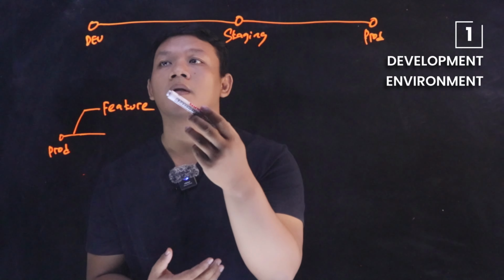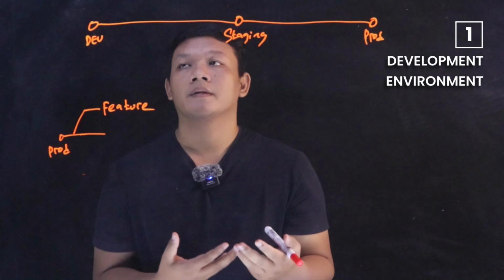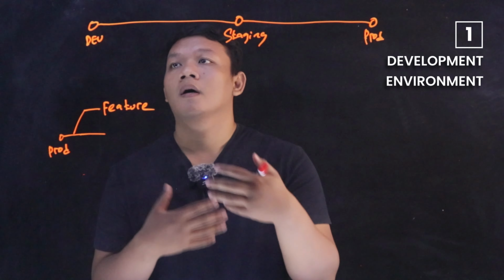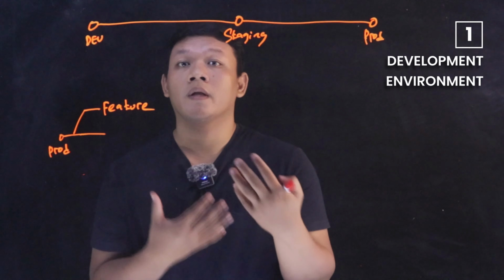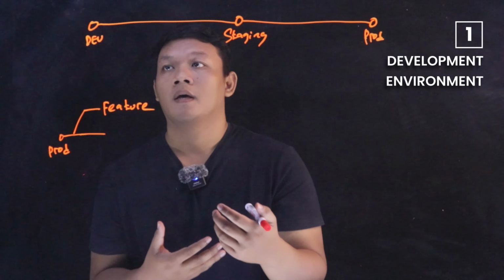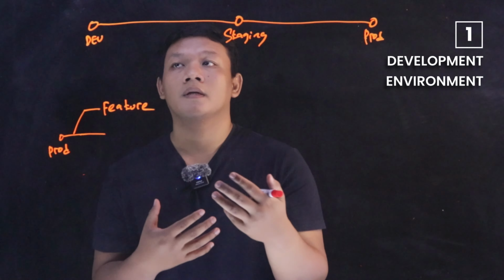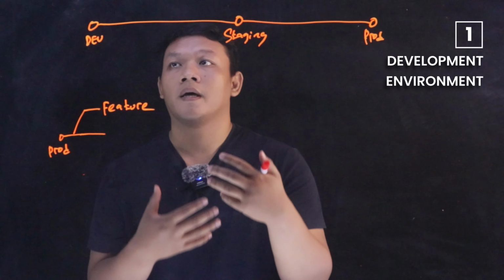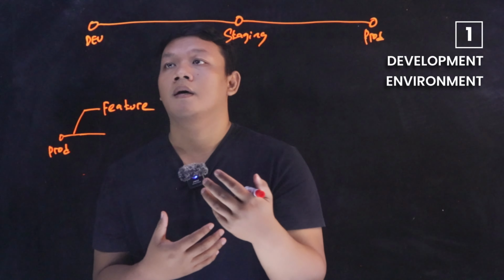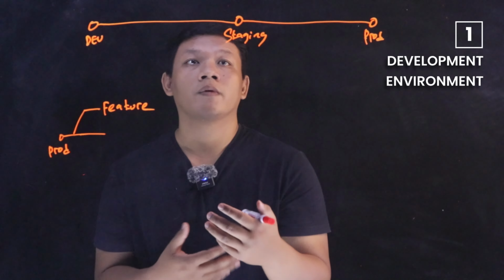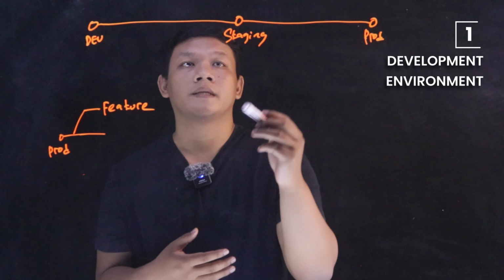First is the development environment, where when we build a feature, we upload it into the development environment, and QA helps us test the feature. This environment is only for the internal development team to test and verify a feature. Once it's been verified, we move the feature into the staging environment.